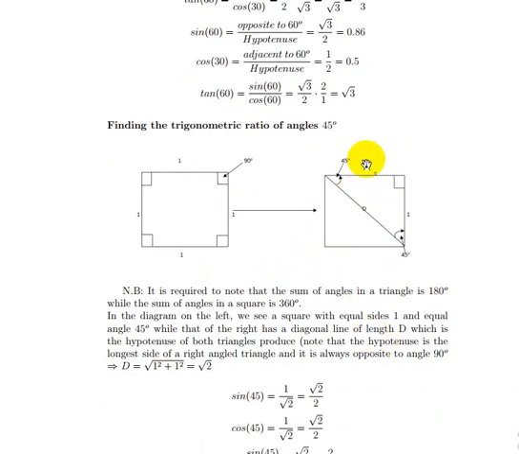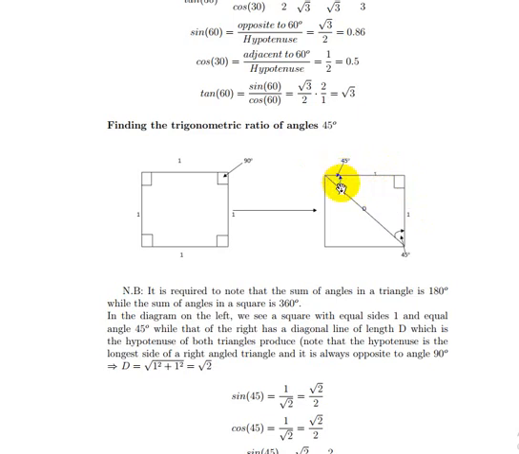Now by convention, sine theta is opposite to the angle of measurement all over the hypotenuse. Cos theta is adjacent to the angle of measurement all over the hypotenuse, and tan theta is opposite to the angle of measurement all over adjacent.